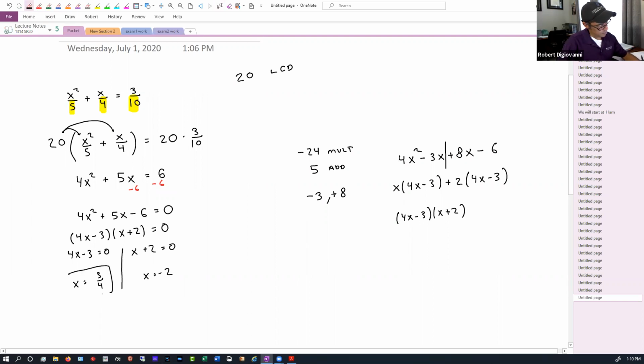But those are your two solutions. So you can see we've built on things pretty quickly here. We're solving little linear equations. Here we had to clear fractions. That's something we saw earlier this semester. So there's a lot going on here.